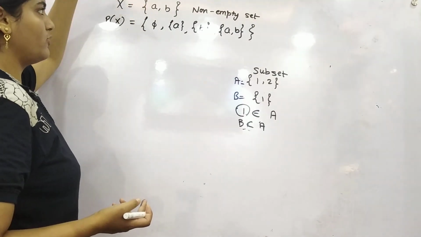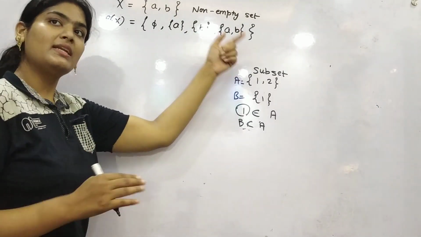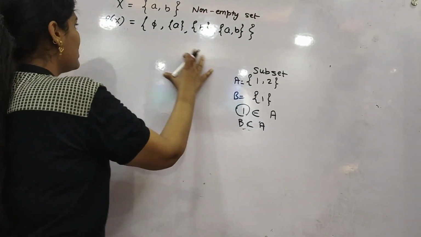So phi is a subset of X, A is a subset of X, B is a subset of X, and a particular set is a subset of itself. So this is your power set.